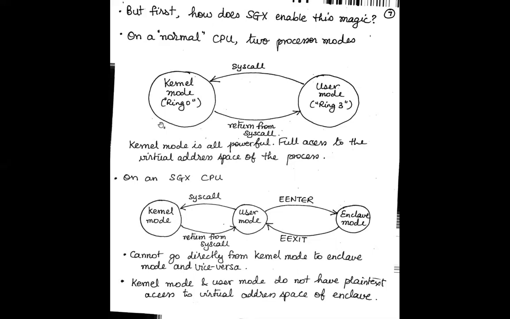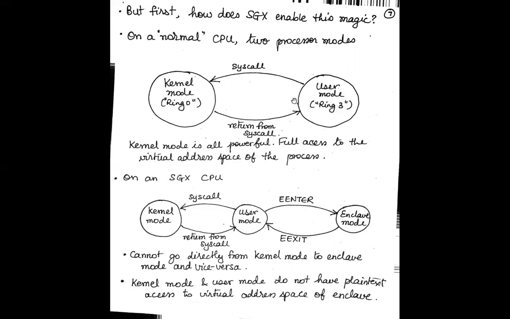So on a traditional normal CPU, the way that things work is that the CPU has two processor modes, which we have already studied when we looked at the lecture on virtualization. The two modes are the kernel mode and the user mode. Kernel mode is often called ring 0, user mode is called ring 3.